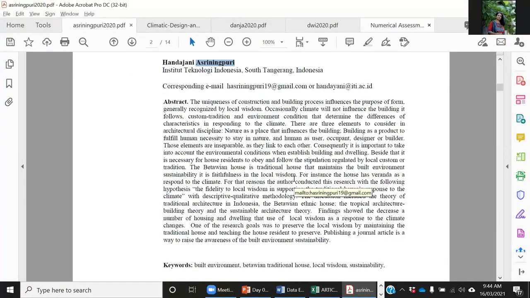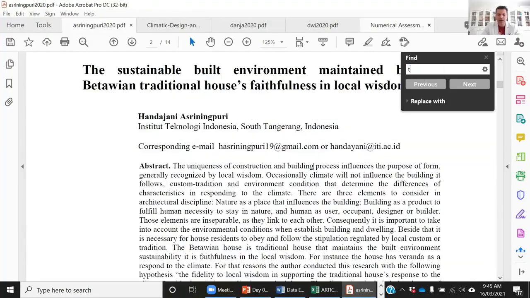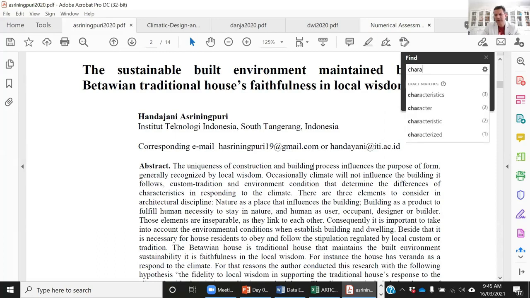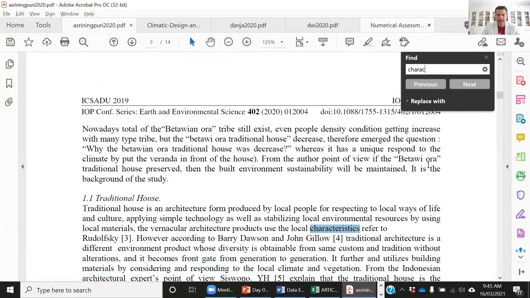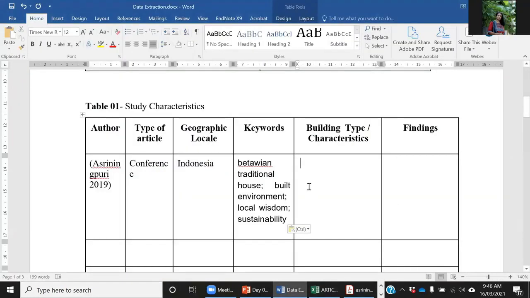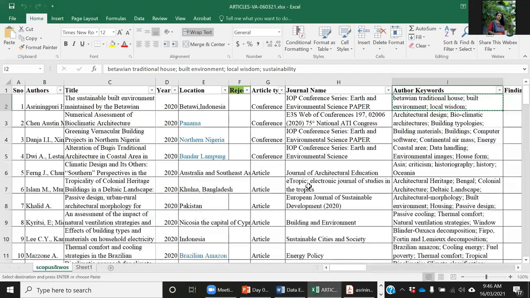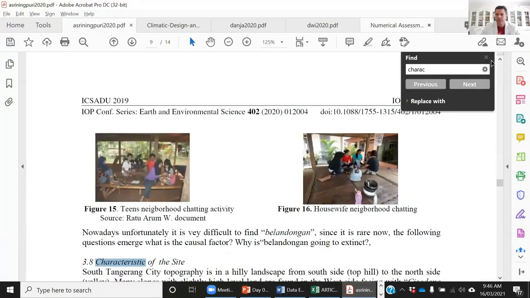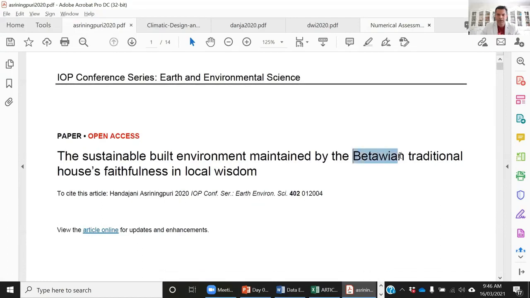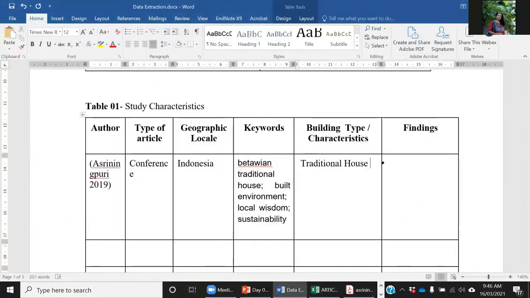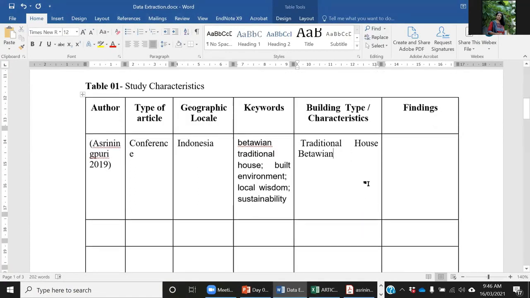So let's see if the abstract mentions anything. What I normally do is, if I know the keywords to look for, then we can use those keywords to see if there is anything that we can easily search. House, and okay, so Batavian traditional house.